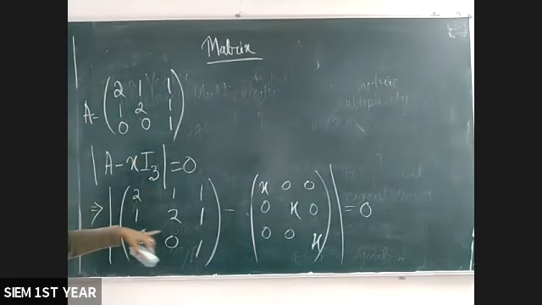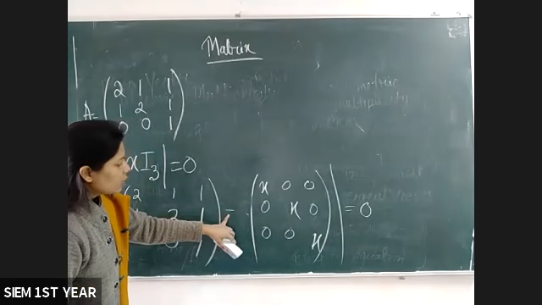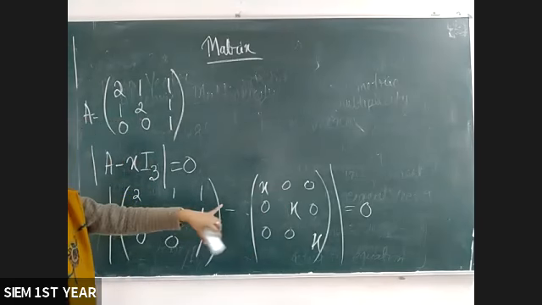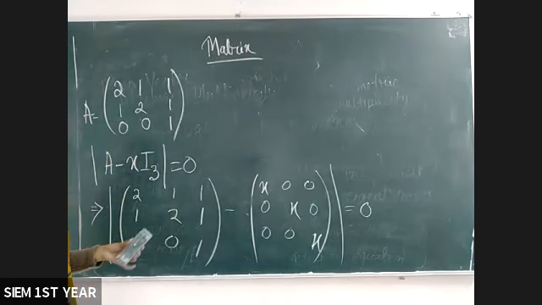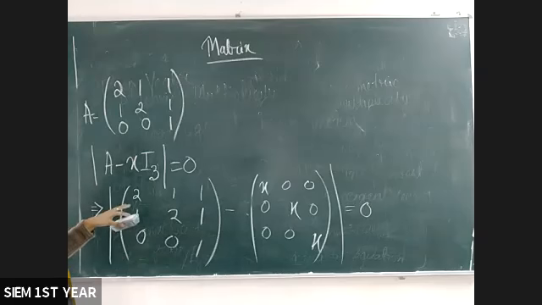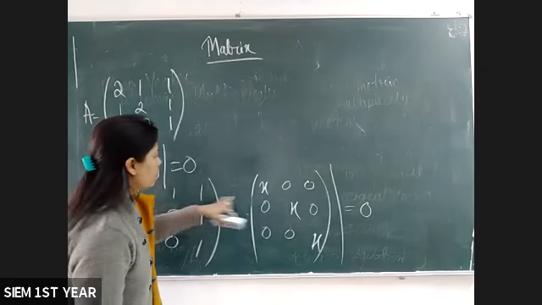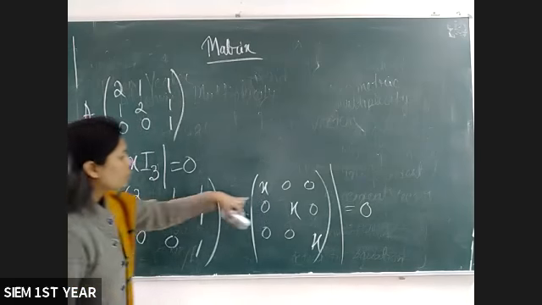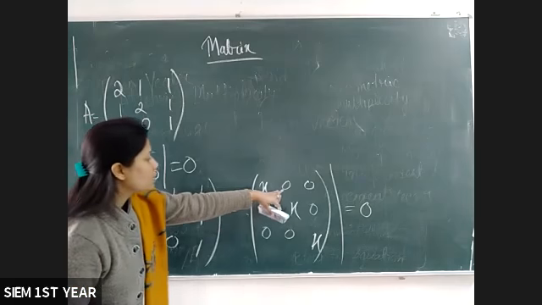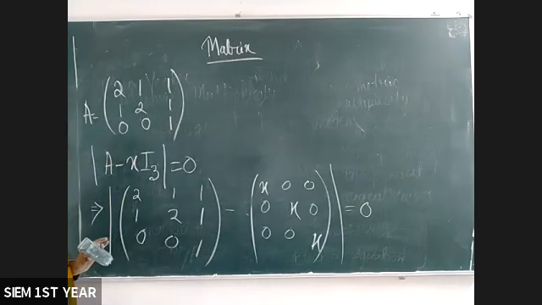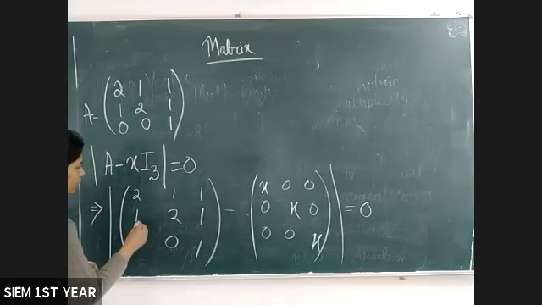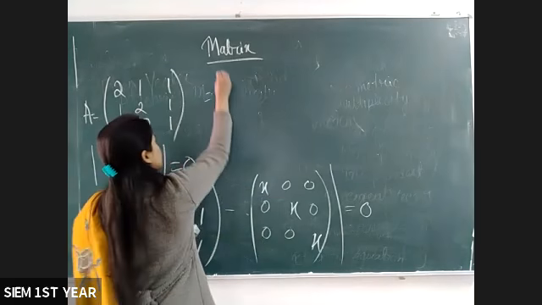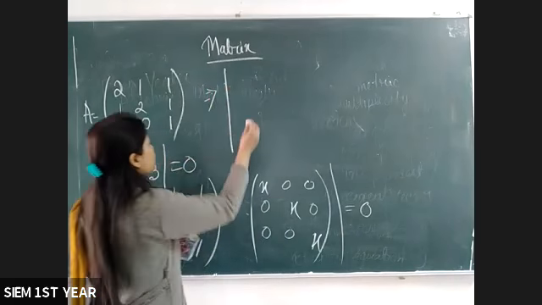Next, you have to consider the subtraction of these two matrices, and you already know how to subtract this type of matrix. You only have to consider the corresponding elements: first element with first element, second element with second element. So I'm just considering the subtraction.